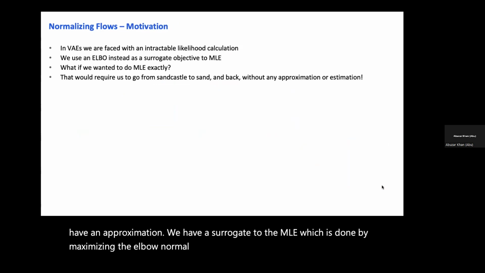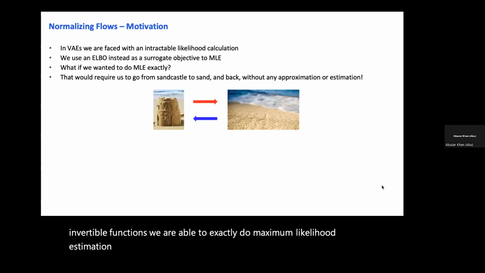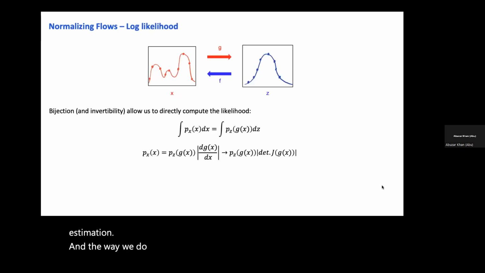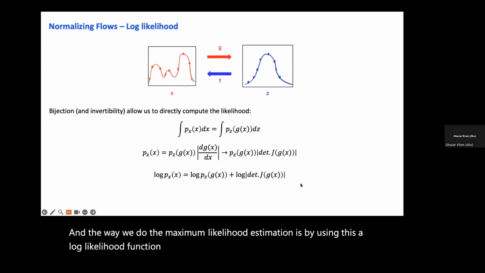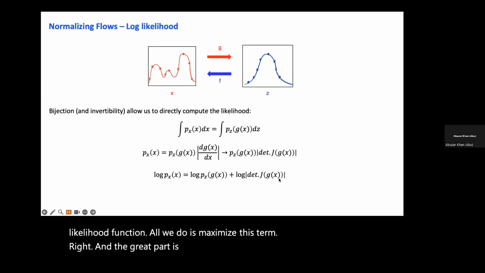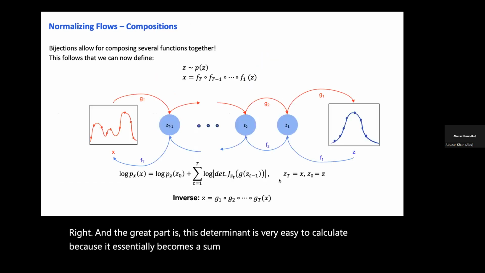Normalizing flows instead use invertibility and invertible functions, so we are able to do it exactly. The way we do the maximum likelihood estimation is by using this log likelihood function. All we do is maximize this term. And the great part is this determinant is very easy to calculate because it essentially becomes a sum of determinants.